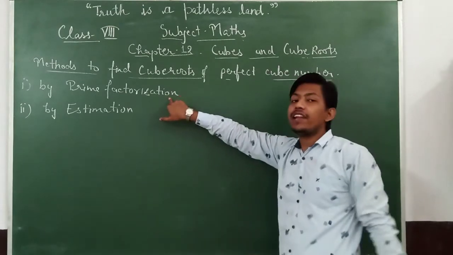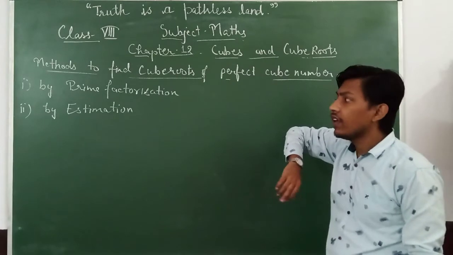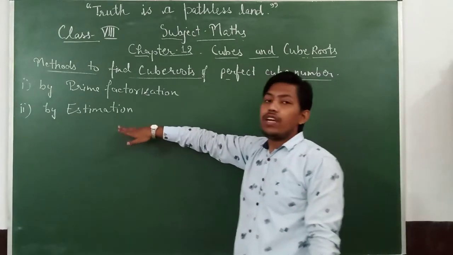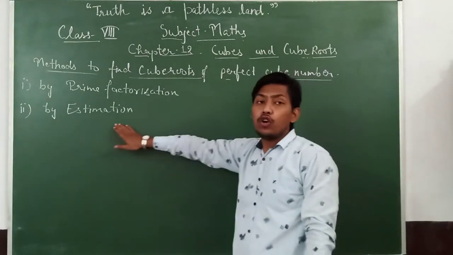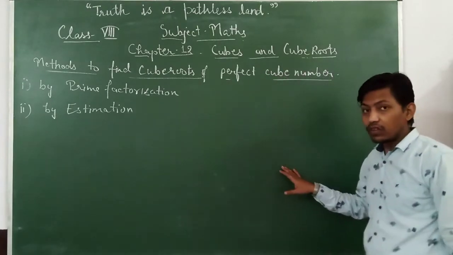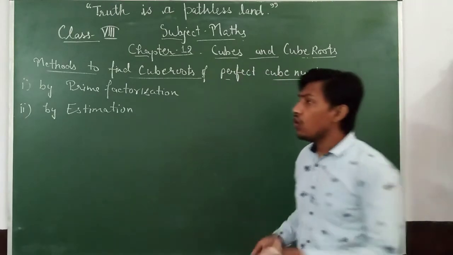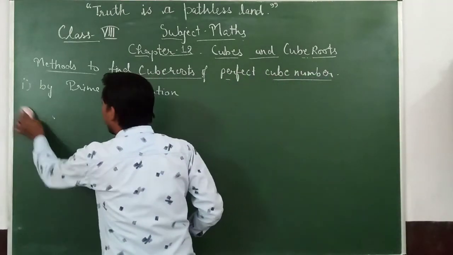In the prime factorization method, we first find the prime factors of the given number, and in the estimation method, we estimate the cube root of that number on the basis of the first 10 cubes. So first, the prime factorization method.